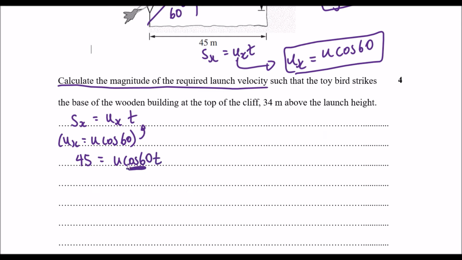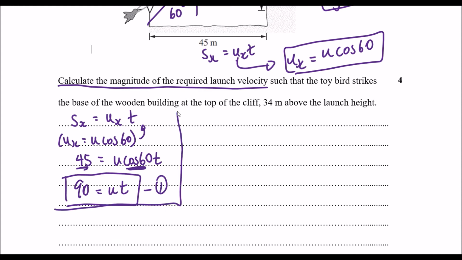Now I can move cos 60 over onto this side here. So it'll be 45 divided by cos 60. Let's see if we can get a round number from this. And we get 90. So it's 90 equals Ut. That's going to be our equation 1 that we can play around with later on. So I'll box this away.